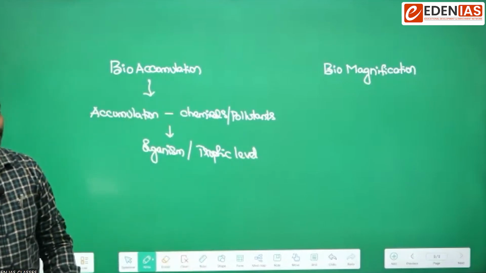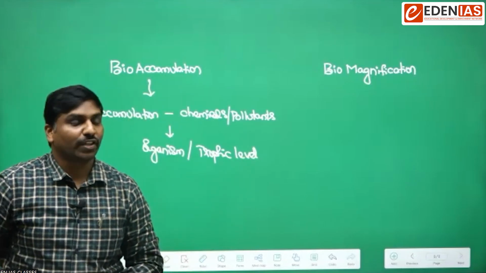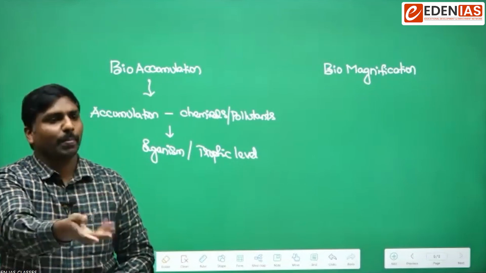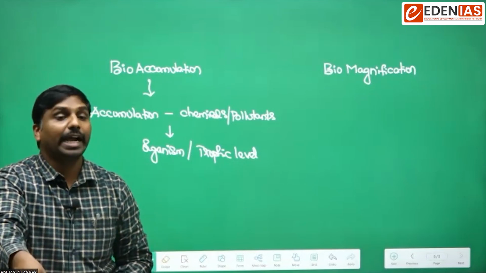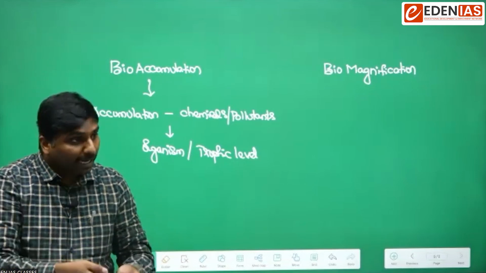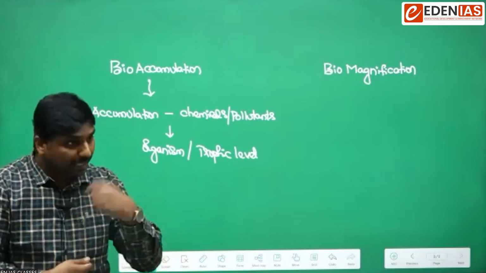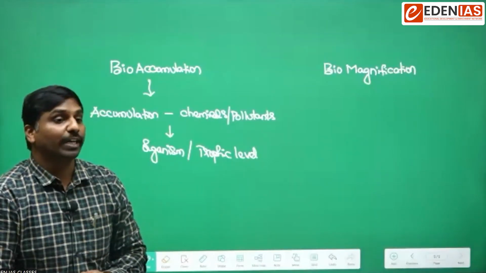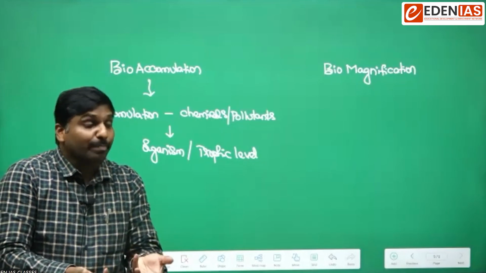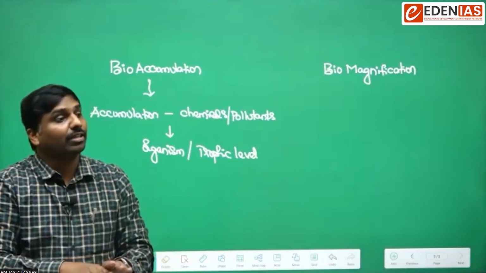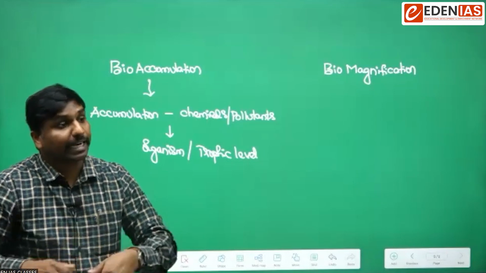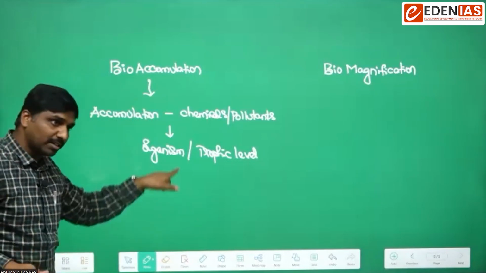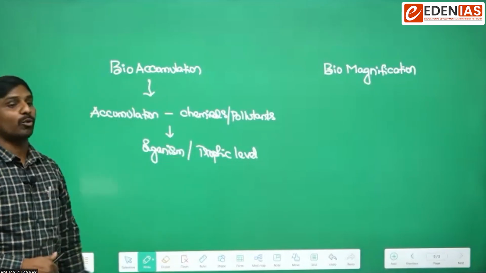Let's say, for example, there is a fish. The fish is directly feeding upon something in the water, and the water is polluted. As the fish is continuously feeding on the same food, which is contaminated with a particular pollutant, the pollutant levels may get concentrated, or the amount of the pollutant may get accumulated within the body of a particular organism within the same trophic level.